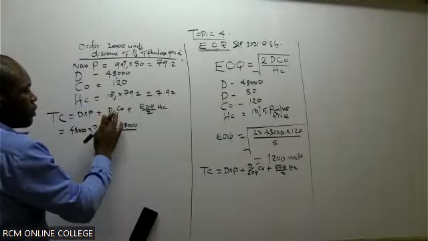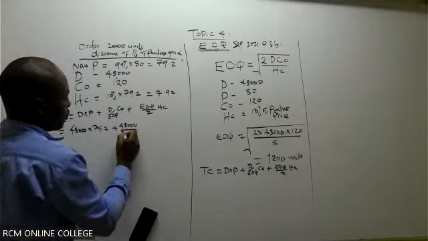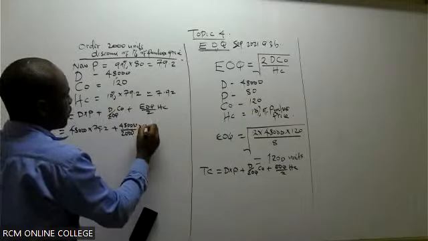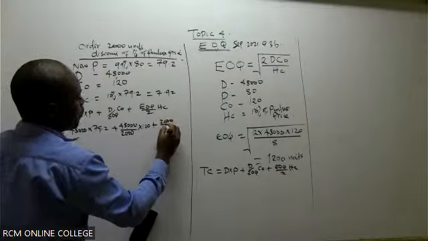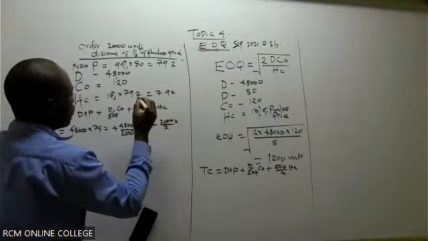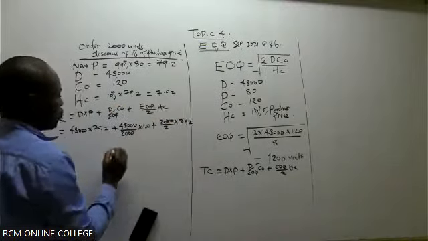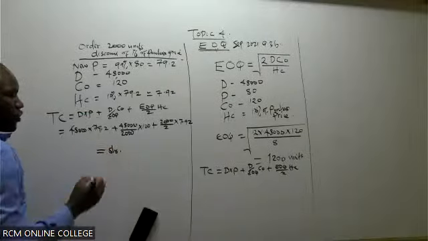You can either put demand over Q or economic order quantity; that will still work. Times ordering cost, which is 120, plus 2,000 divided by 2, multiplied by holding cost, which is 7.92. If that is worked out, you should be able to arrive at the total cost.